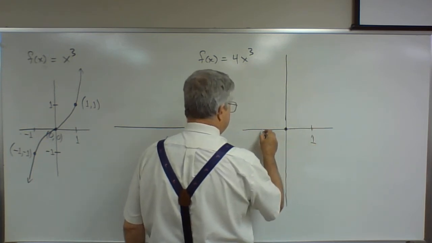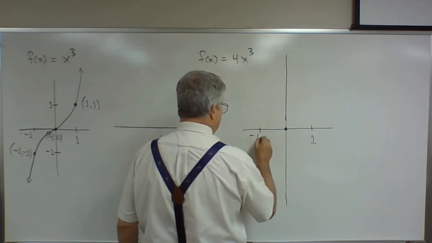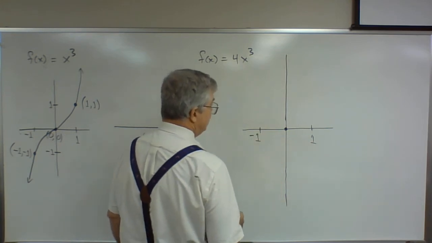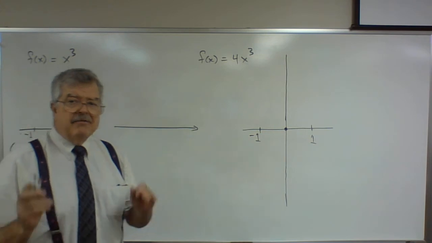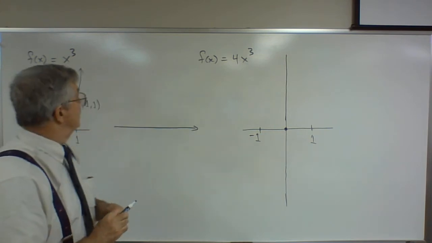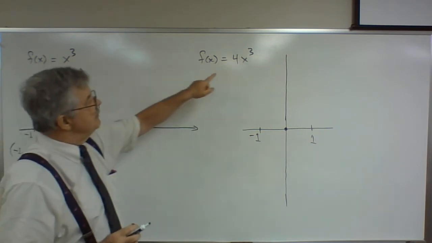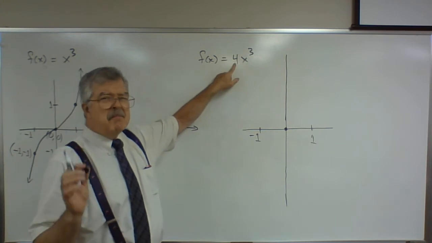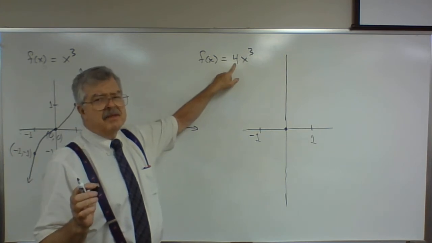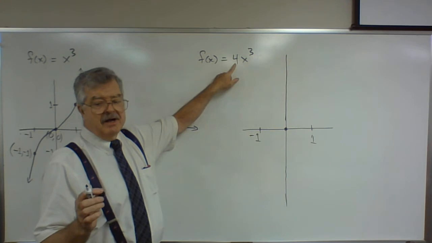Here's our 3 friends again. -1, 0, and 1. And first of all, remember that with this kind of an alteration, we're just multiplying by a positive constant.